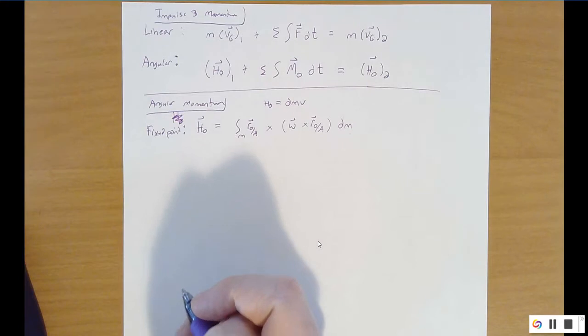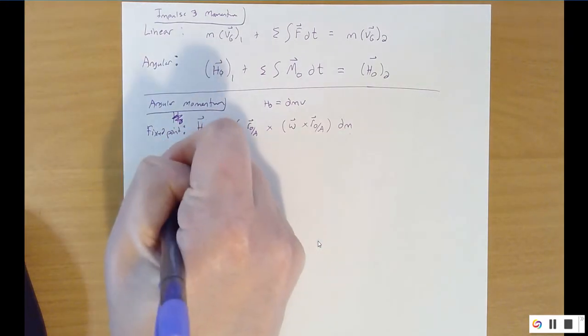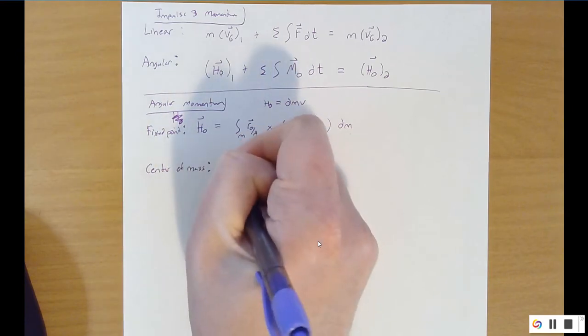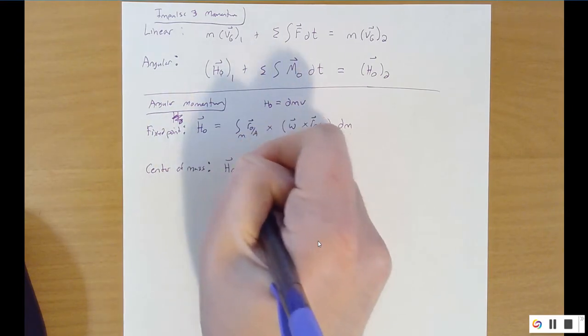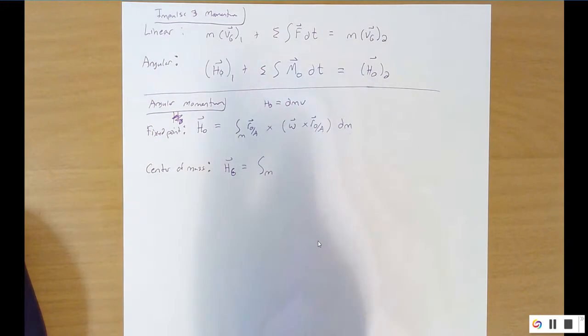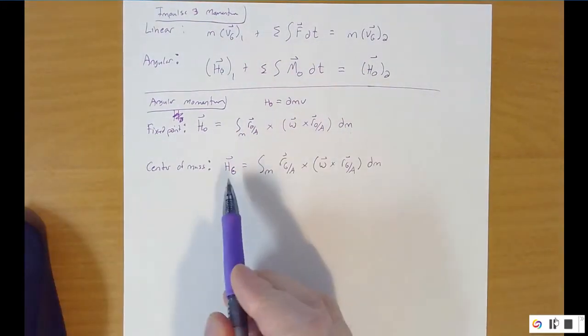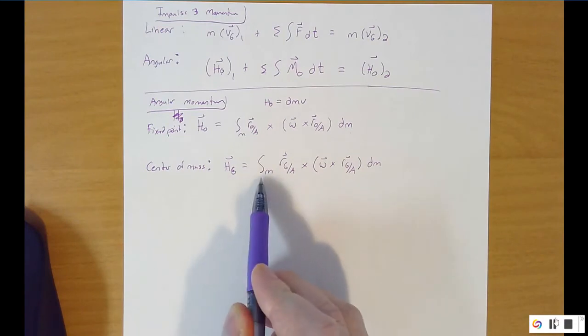If I go about the center of mass, and if you want to see all the derivation details, they're in your book. It'll look the same. So I'll write that out and then come back. Okay. So about the center of gravity, we're going to integrate with respect to mass.